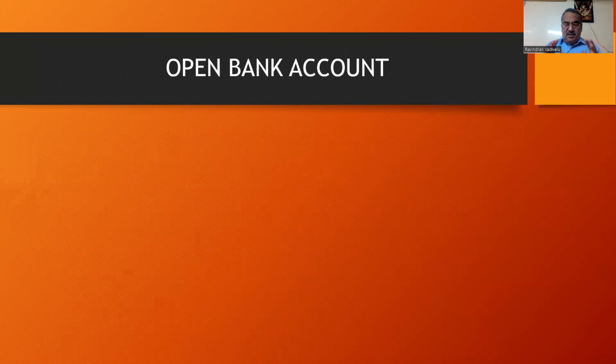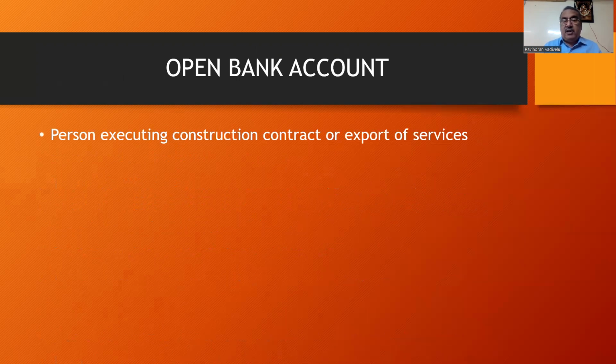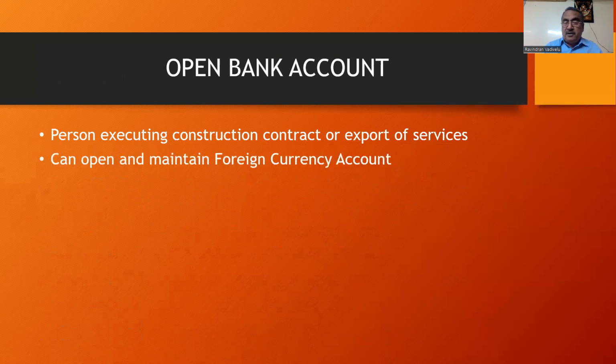Now, a person who is doing project export or export of services has to open a bank account. I mean, a person executing a construction contract and export of services has to open a current account in the form of a foreign currency account, and can maintain it and do the operations.